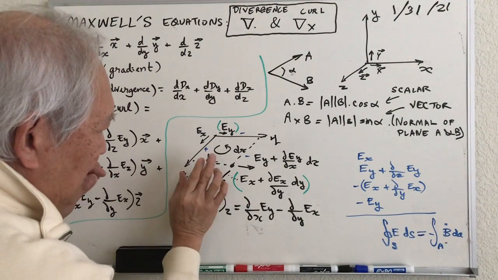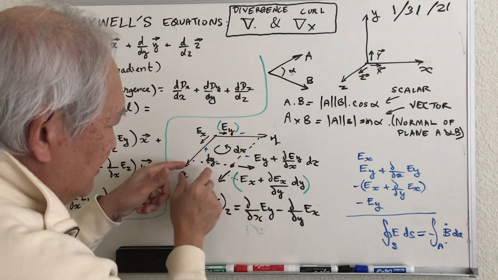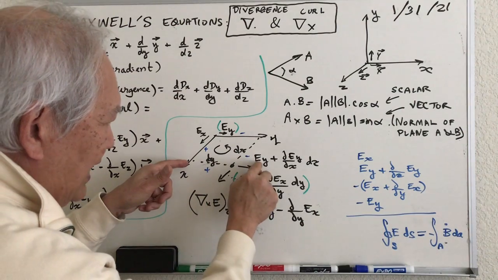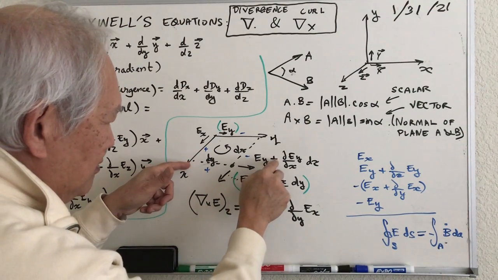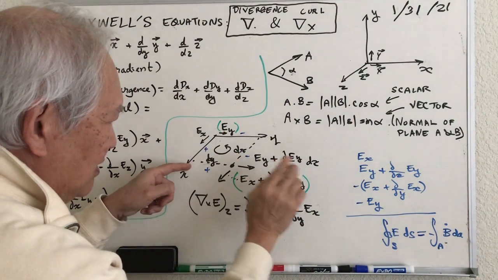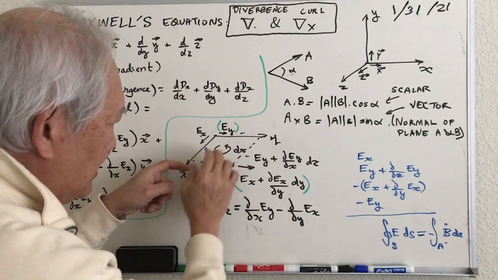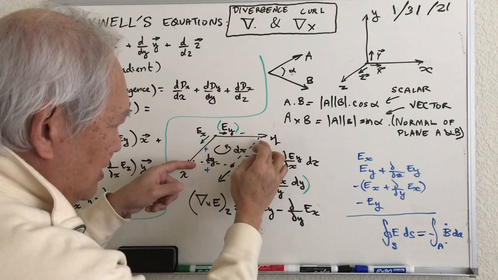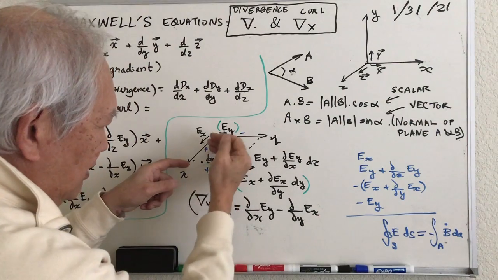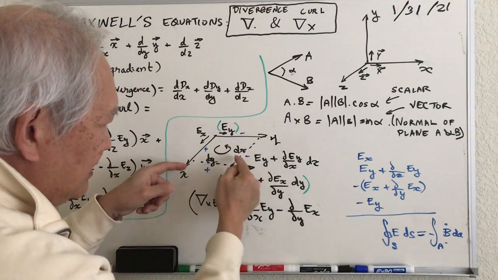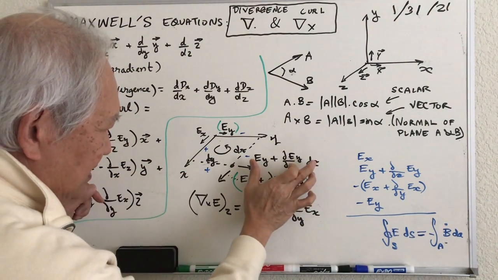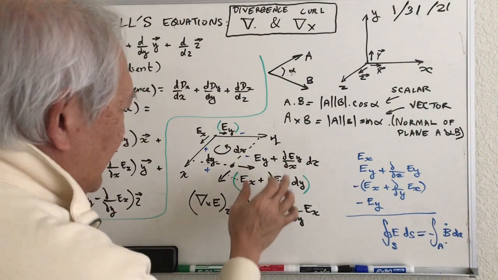Likewise, at this point you have a new Ey component, which is the original plus whatever the change of Ey is when you move from the original to a location offset by dx, and that is a plus.